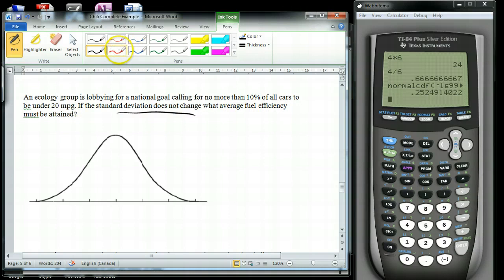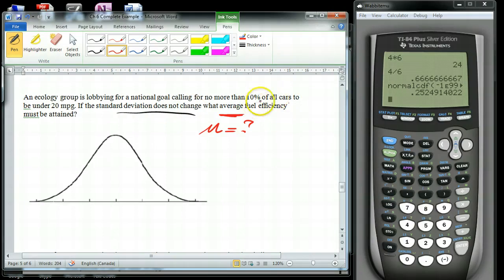So what's happening here? First of all, what's the question asking us? The question is asking us what average must be attained. So now we're looking for a new mu, a new mean, because this ecology group wants no more than 10% of all cars to be under 20 miles per gallon.